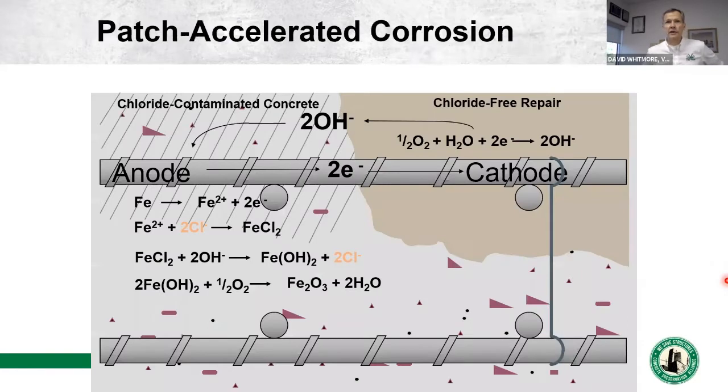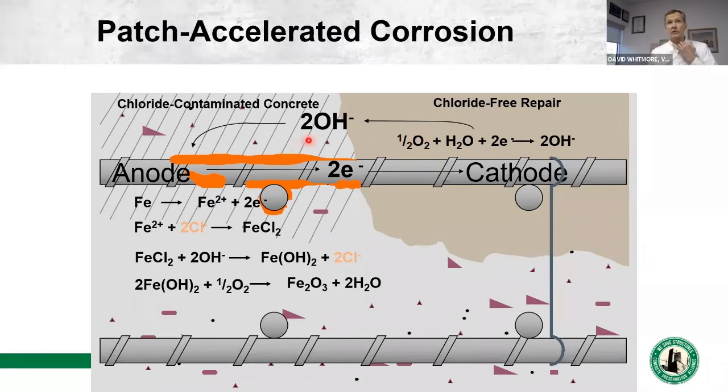In the real world, however, very often we're doing a repair because the concrete is either chloride contaminated or carbonated. We remove a portion of the affected concrete and replace it with chloride-free repair or uncarbonated concrete. And we end up leaving some chloride contaminated concrete or some carbonated concrete remaining, coupled with the repair, which presumably doesn't have either of those issues.